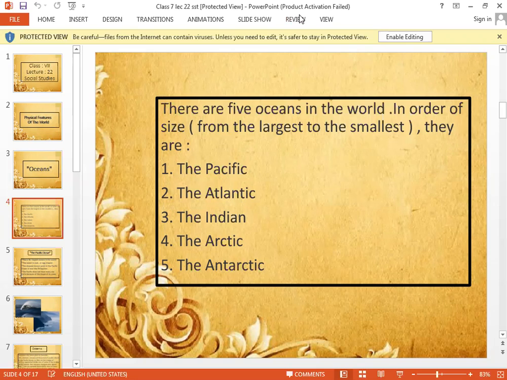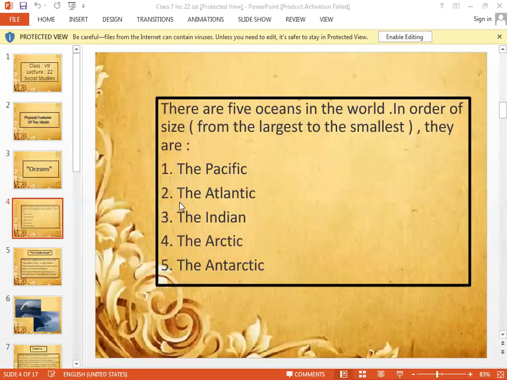So there are, as I told you, five oceans in the world. And what are the names of, yes, Aisha Javed, very good. So the names of the five oceans are the Pacific Ocean, the Atlantic Ocean, the Indian Ocean, the Arctic, and the Antarctic. Is it clear? So here are five oceans in the world.